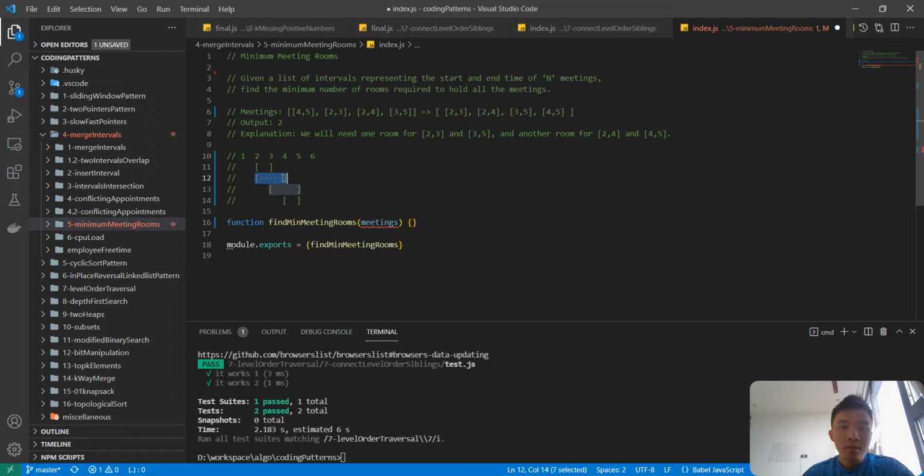Sorry, we first put 2 and 4 into one room, and after it ends at 4, we put the meeting 4 to 5 into the same room, right? So in total we need only 2 rooms, right?